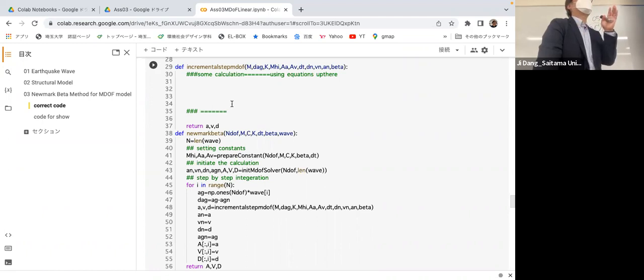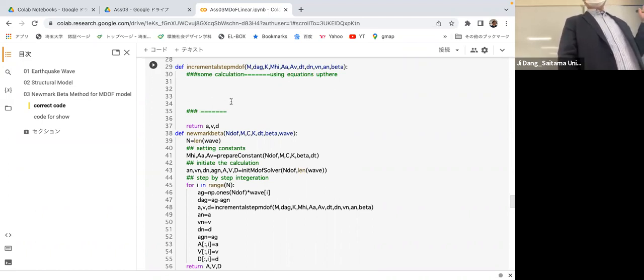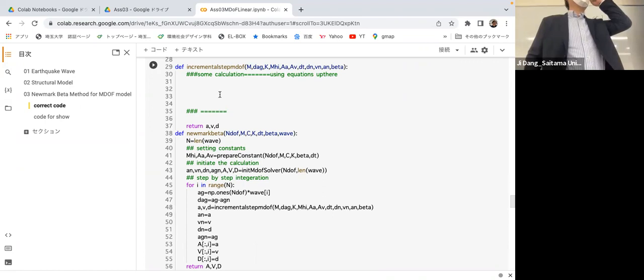Then you calculate delta A, or you calculate delta D like this, okay? Using dot, you calculate them. And then from delta A you calculate delta V, delta D. Okay. X2 dot, X3 dot, or something like this.